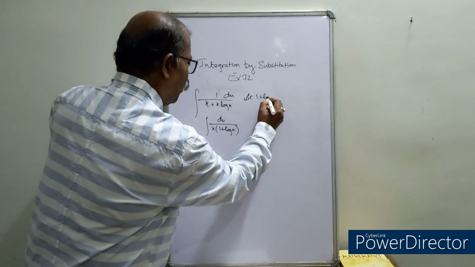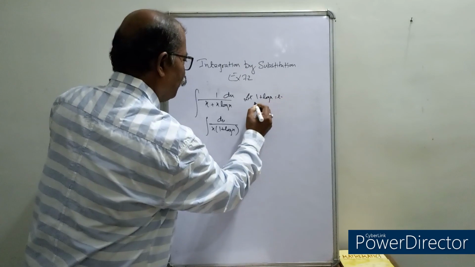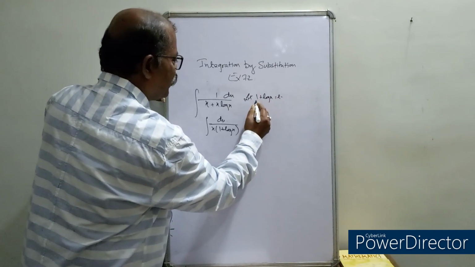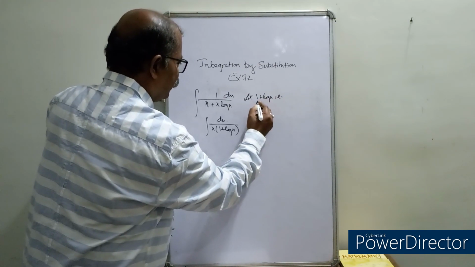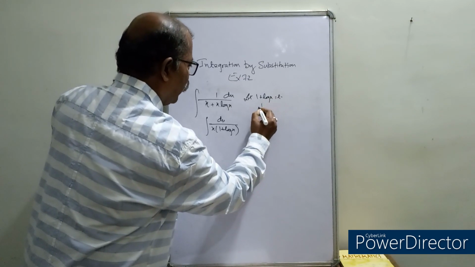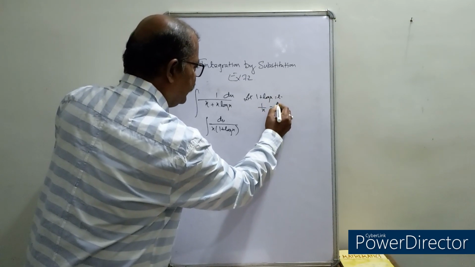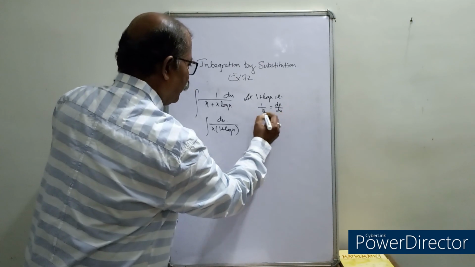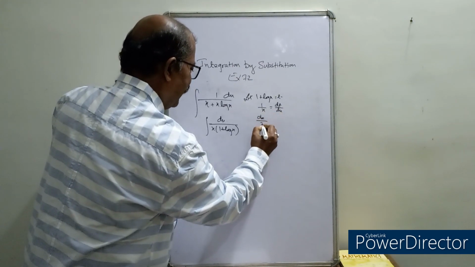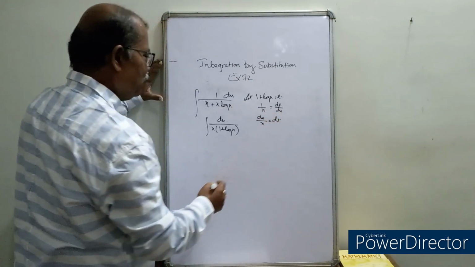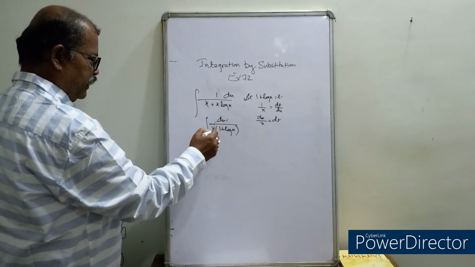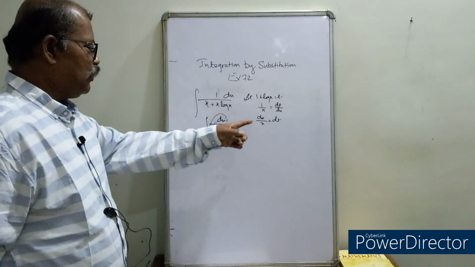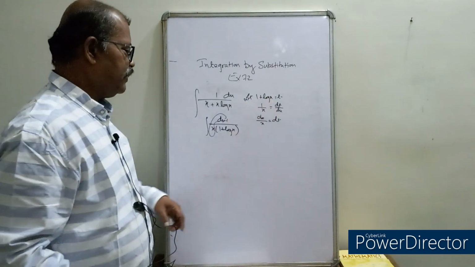Let 1 plus log x be equal to t. When you differentiate it, the differentiation of 1 is 0 because it is a constant, and the differentiation of log x is 1 by x, and for t it is dt by dx. So dx by x is equal to dt, and 1 plus log x is t.